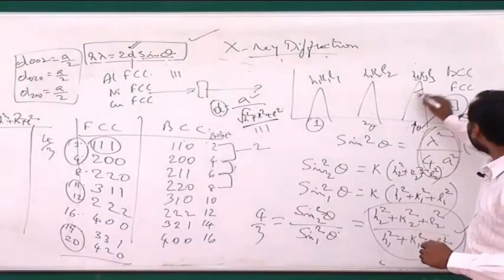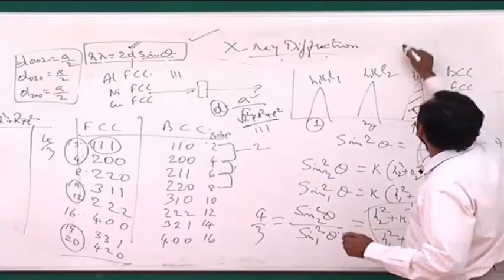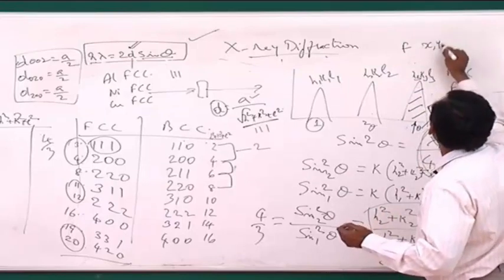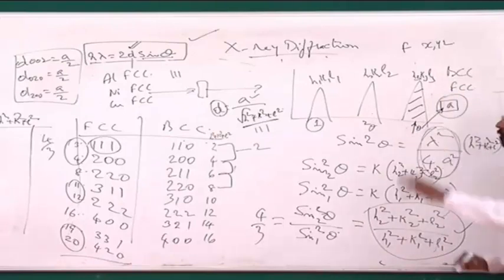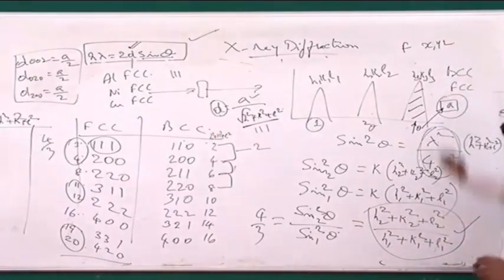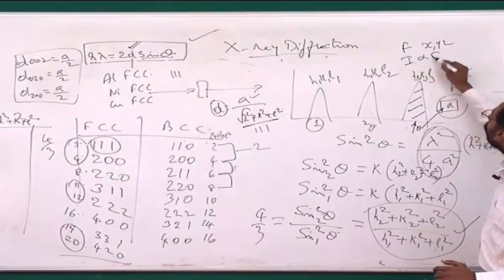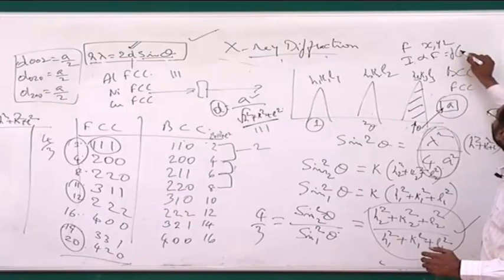And now the intensity, we said, is going to depend on what? It is going to depend on F, and F depends on what? F depends on XYZ. So where the atoms are sitting inside the unit cell is going to decide your intensity, because intensity is proportional to F, which is a function of XYZ.